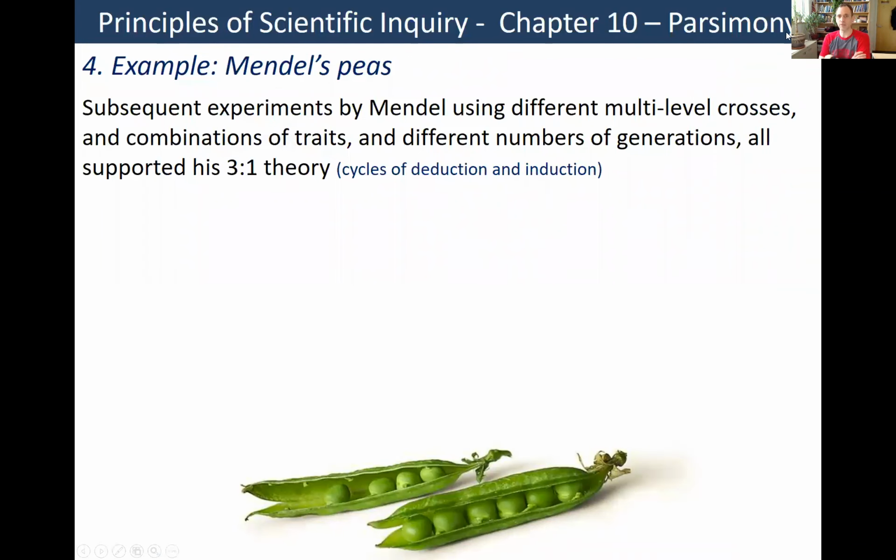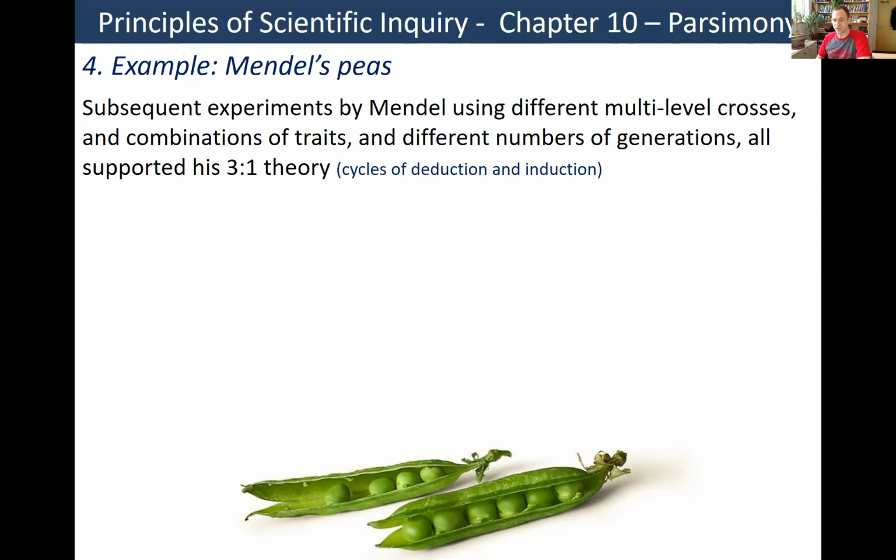Okay. So subsequent experiments by Mendel using different multi-level crosses and combinations of traits and different numbers of generations all supported his 3 to 1 theory. This is an example of using cycles of deduction and induction, right? He used his data, came up with 3 to 1, then tried some different things, and still got 3 to 1.